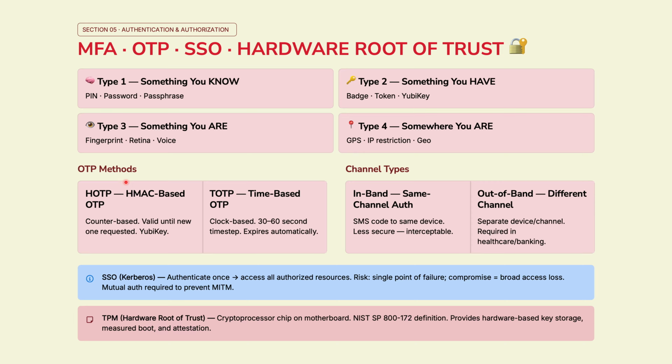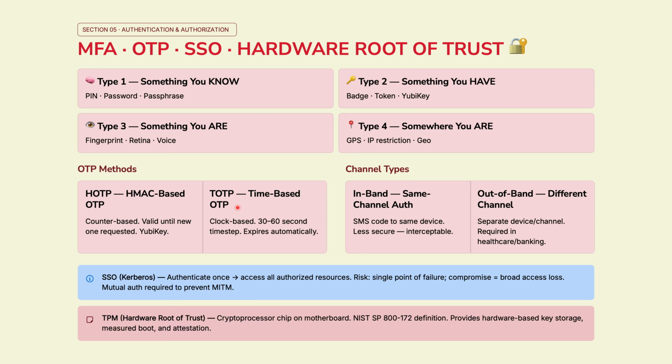Now, there are several types, starting with HOTP, which stands for HMAC-based one-time password. It's counter-based. The code remains valid until a new one is requested. YubiKey is the most common HOTP hardware device.